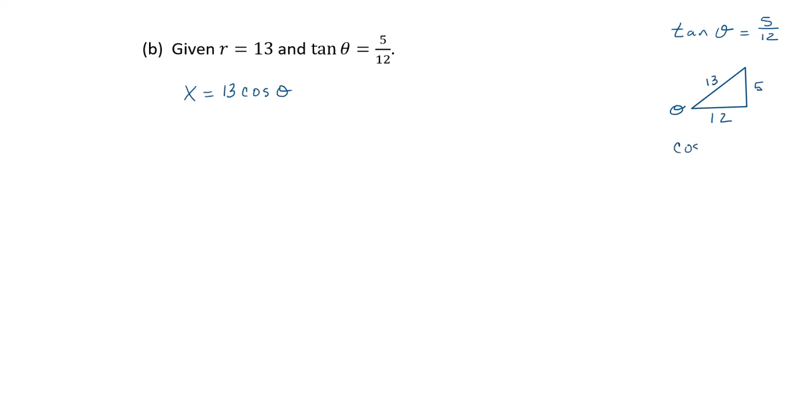So the cosine of theta is going to be 12/13. So I'll replace my cosine theta with 12/13. And this means that x is 12. Now for my y. Y is r sine theta.